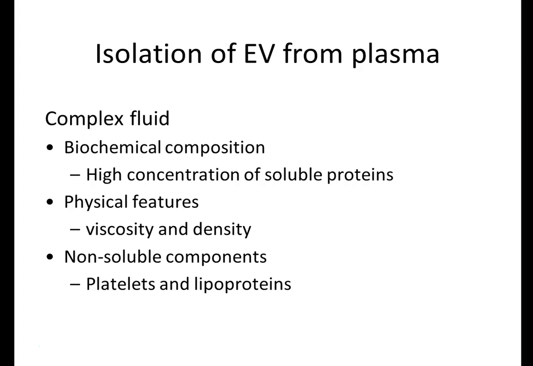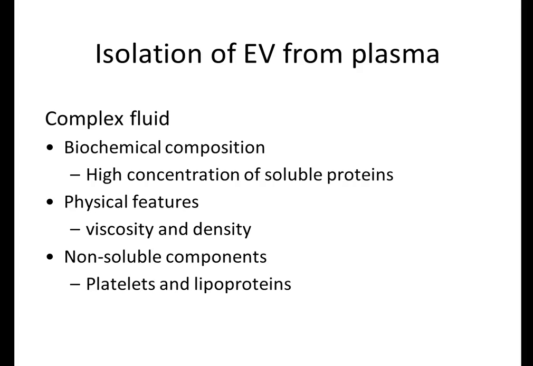Now, if you start to isolate vesicles from human plasma, and I am using human plasma as an example because it is such a complex body fluid, then you have several problems to face. The first is you have a high concentration of soluble proteins. Plasma has a strange viscosity and high density, making it difficult to isolate vesicles by centrifugation.